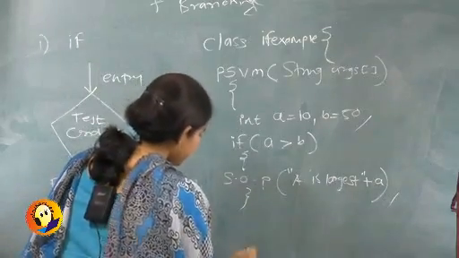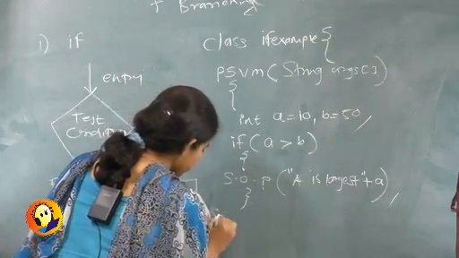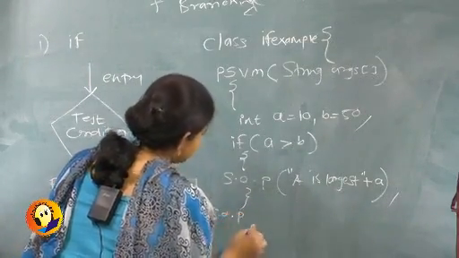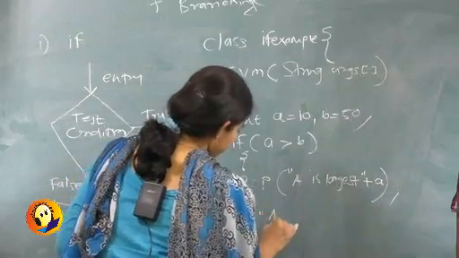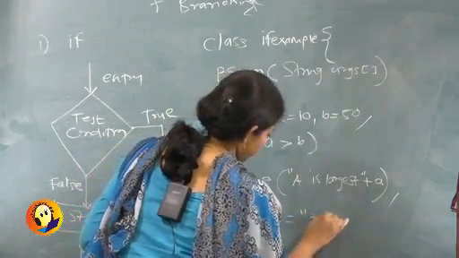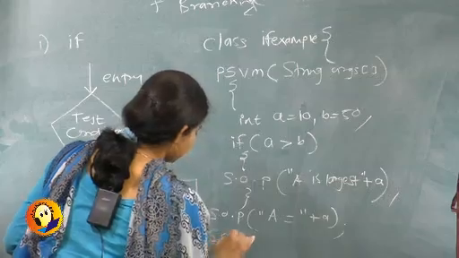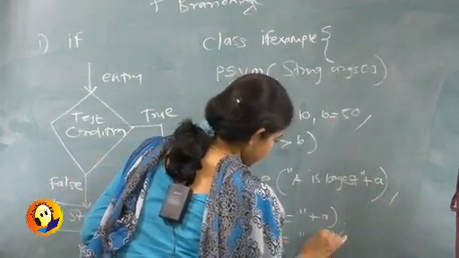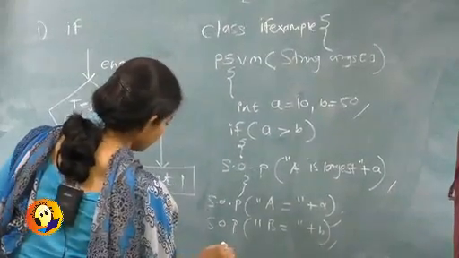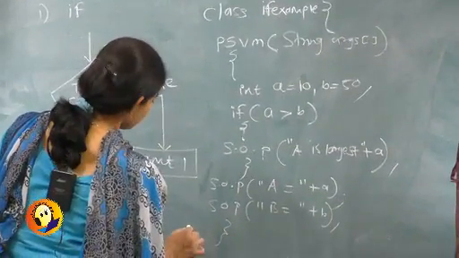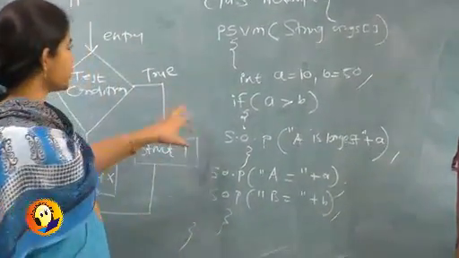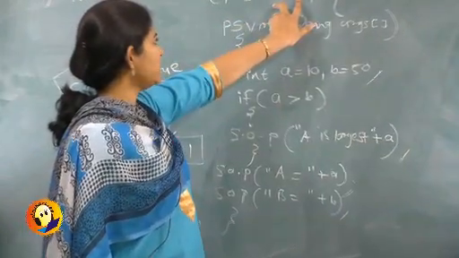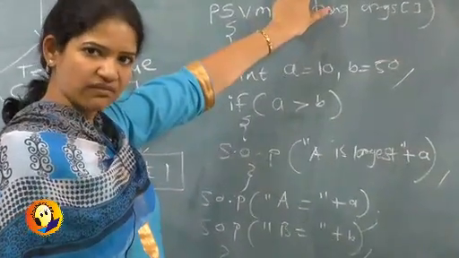And after the if block, just display both values, that is, "a is equals to" and variable a with System.out.println, and "b is equals to" and variable b, and just close the bracket of main and the bracket of class. As usual, you need to save your program as IfExample.java.